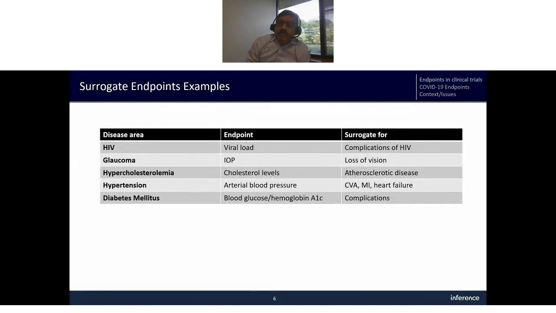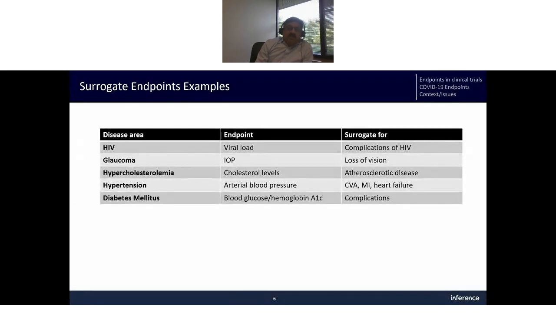Now, one of my first trials was in HIV, when the protease inhibitors were coming out, starting in 1995, I think that was the first protease inhibitor. And at that time, viral load and CD4 count were used to approve drugs. And obviously, we know what difference it has made to the community.